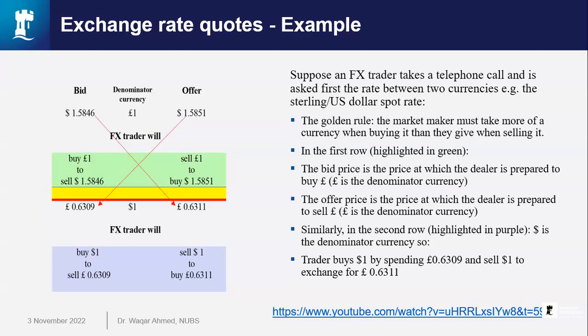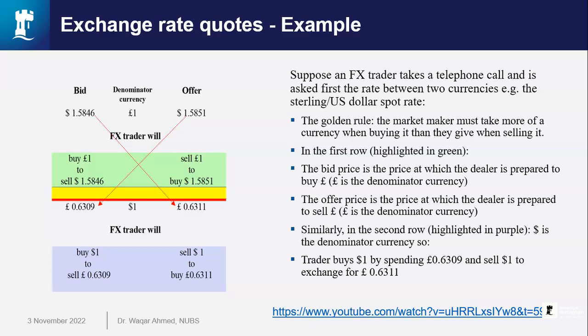So this is a quote between dollars and pounds. The denominator currency here is pounds, so the base currency here is British pounds. And the quote is typically represented, as we know, by two prices: the bid price and the ask price, or the offer price.